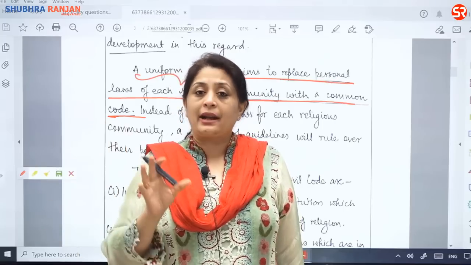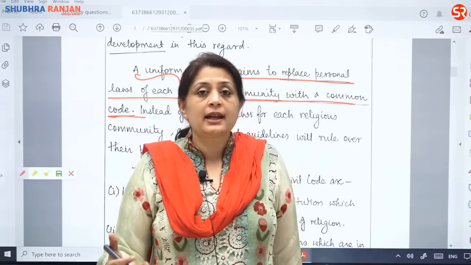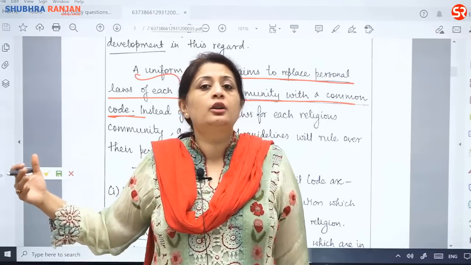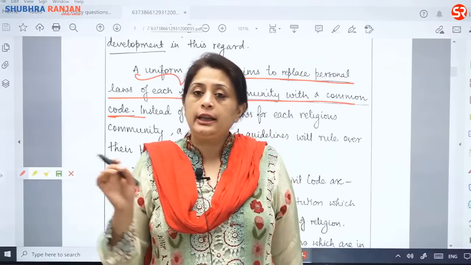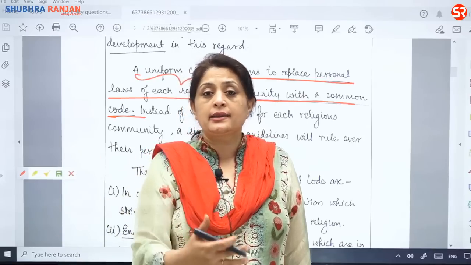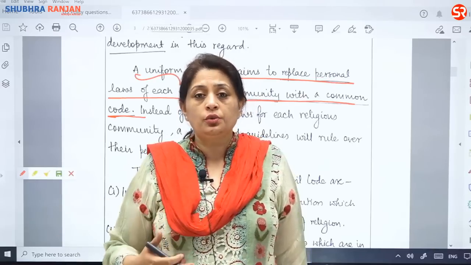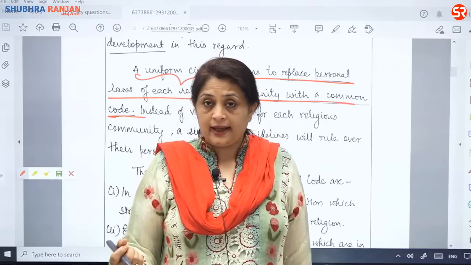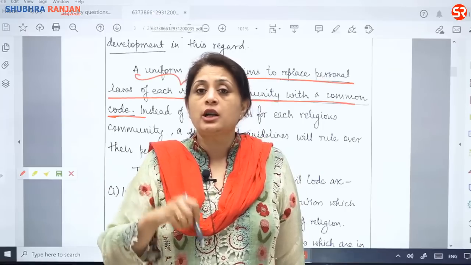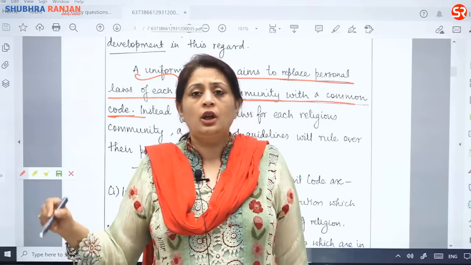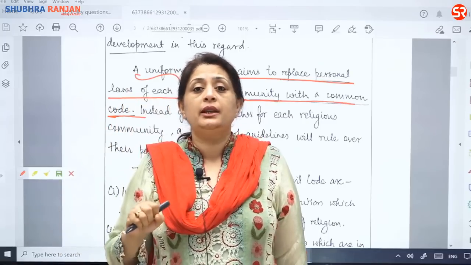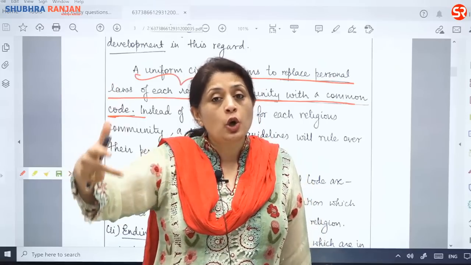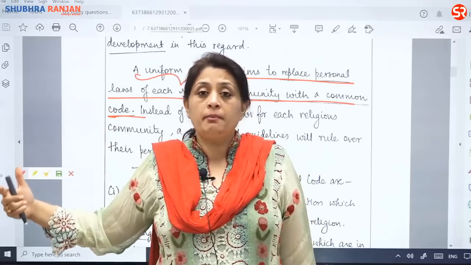But in practice, it means that a state should have power to make law. For example, in India, the state has made laws for Hindus. In India, the state has made laws for the Sikhs. So it's not necessary that one law has to be made for all, but the practical meaning is the state getting power to make law on the personal matters.